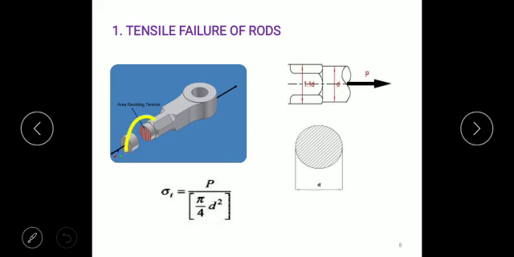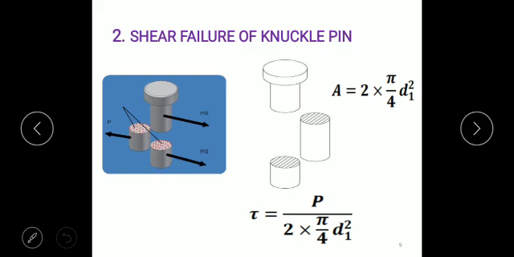This rod portion is subjected to the tensile force and has a circular cross section, and when the tensile force is applied from both the ends, we have the tensile equation sigma t is equal to P upon A. A is the cross section area of this rod portion. As D is the diameter of the rod, pi by 4 D square is the area, so the unknown D can be calculated. So from this failure we can get the diameter of the rod.